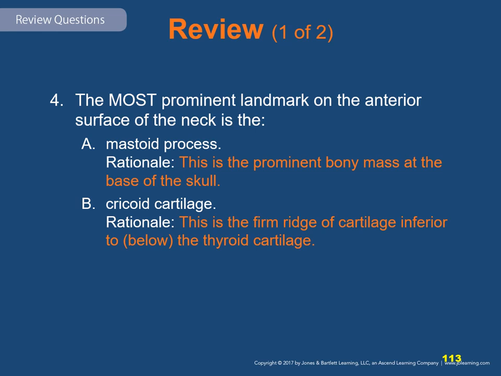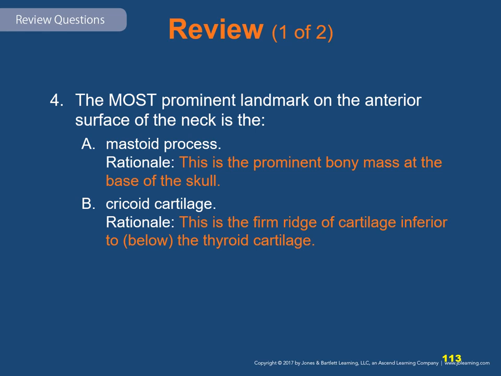Now let's look at the other alternatives and see why they were incorrect. Number 4 said the most prominent landmark on the anterior or front surface of the neck is the mastoid process. That's incorrect because the mastoid process is the prominent bony mass at the base of the skull.